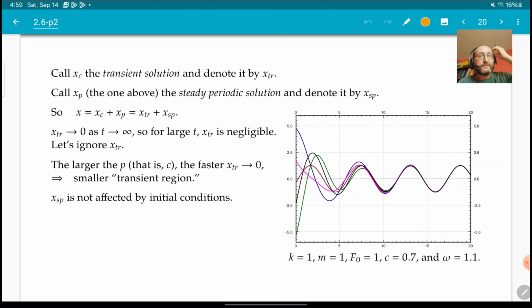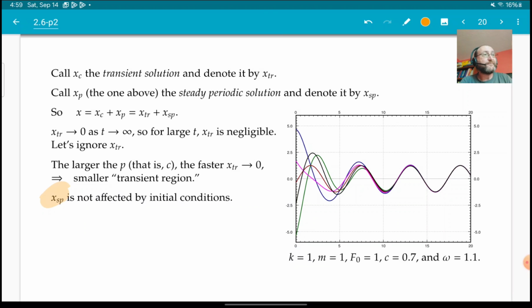Now, as I said, the steady periodic solution itself is not affected by initial conditions. It's really the thing that we're after, the part of the solution that depends on the forcing.